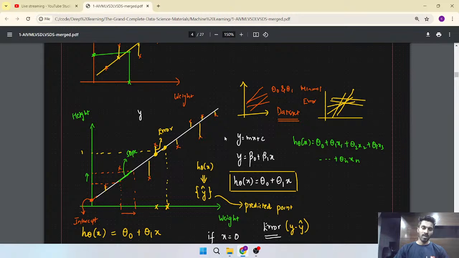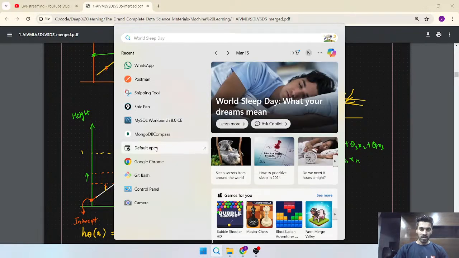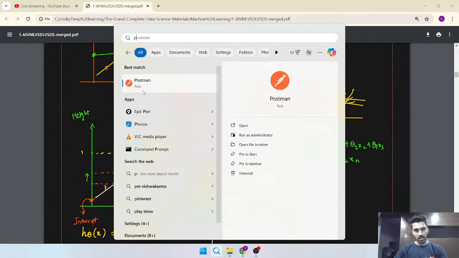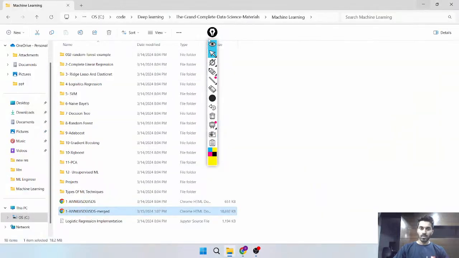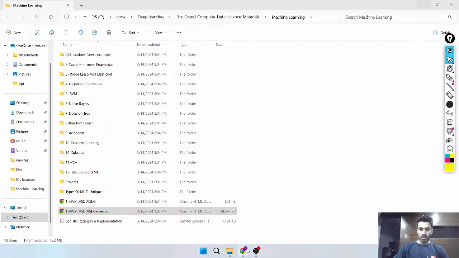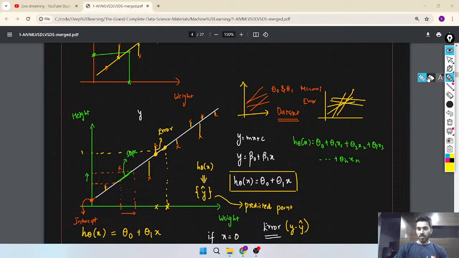So yes, because, suppose there is an outlier, I will take my pen and then we'll continue. Suppose an outlier comes here.